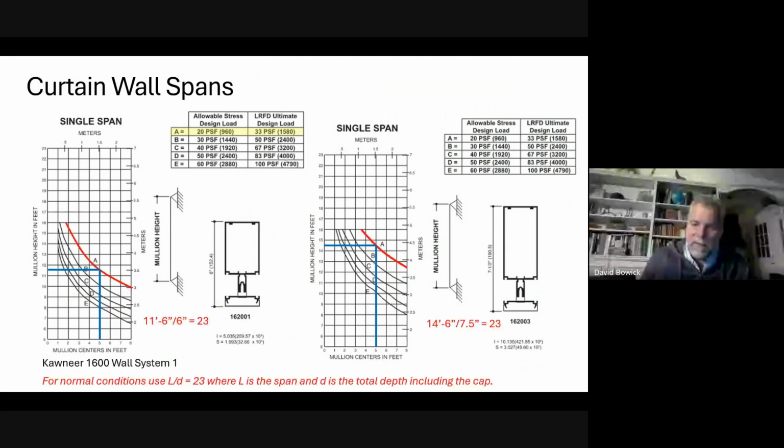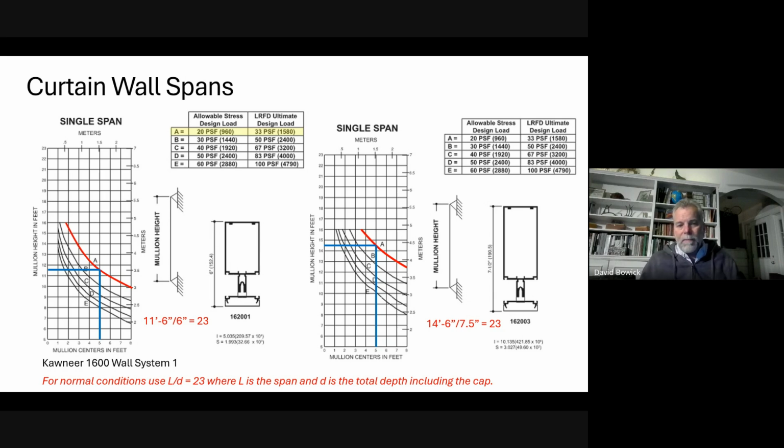Now, obviously, this is just a rule of thumb. I've based it on 5 feet because that is a fairly common glass size. If your glass size is smaller and your mullions are closer together, then your L over 23 might be L over 28.